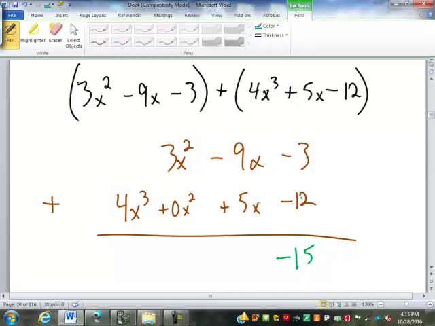Negative 9 and positive 5 is negative 4x. 3x squared and 0x squared is 3x squared, and since that's positive, put a plus in front of it. And the 4x to the third has nothing to combine with.